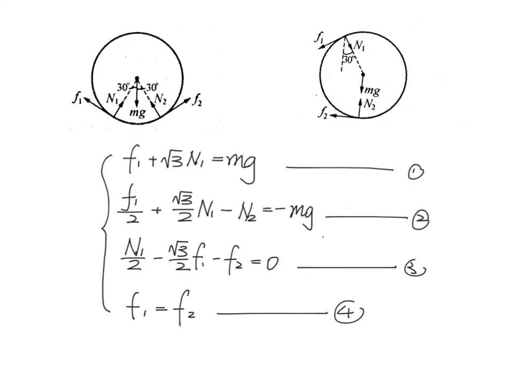So I do a little bit of algebra and plug in numbers. These are the 4 equations we got so far. We have 4 variables and 4 equations, so that's nice. First variable N1, and then N2, F1, and F2. N1 is the normal force between cylinders, which equals mg over 2.